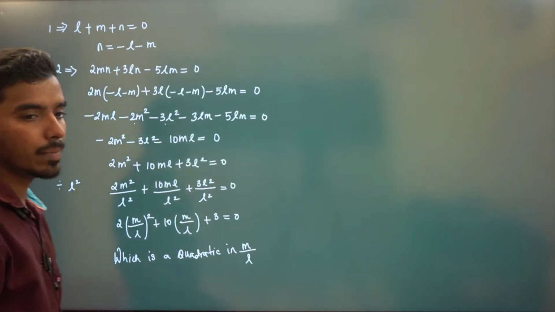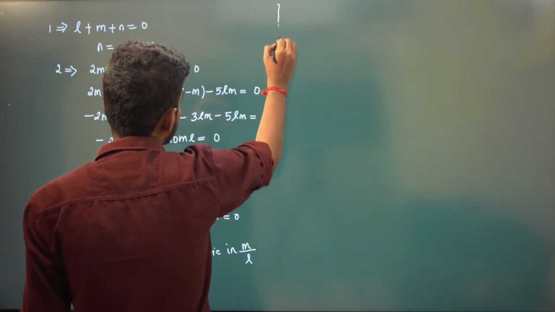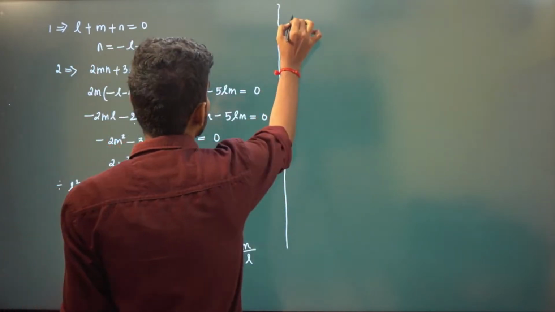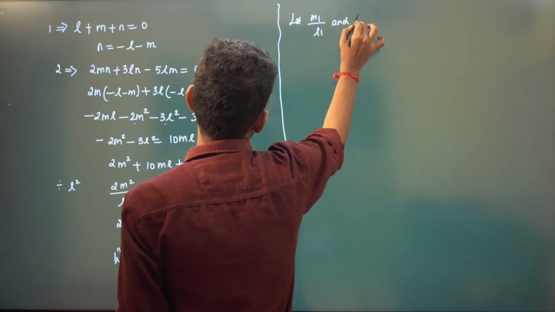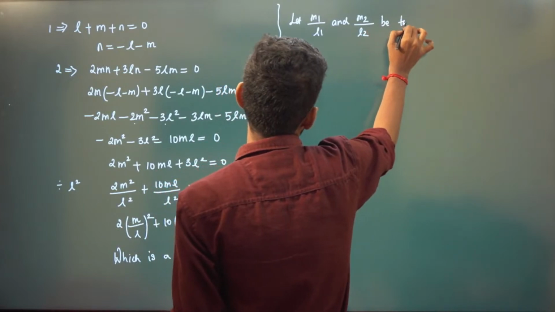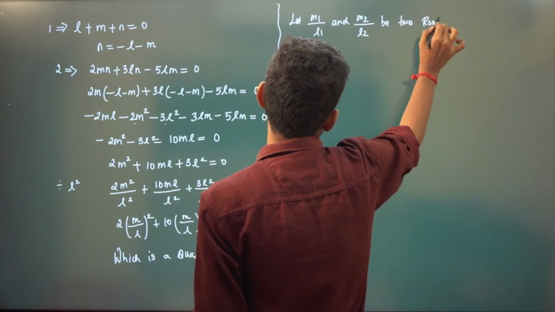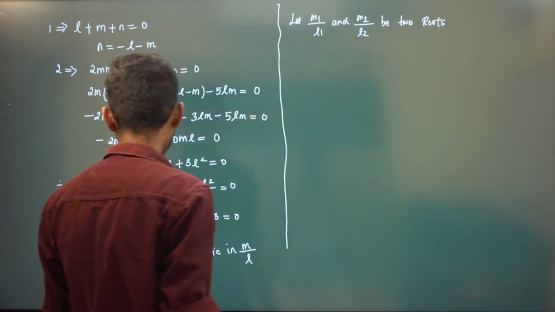So let m1 by L1 and m2 by L2 be the two roots. Again, what about the product of roots?